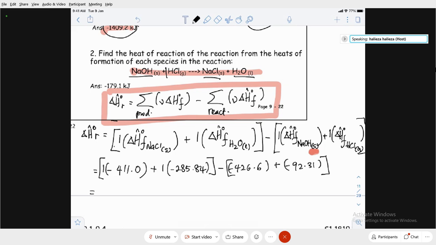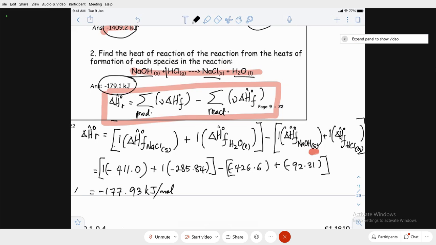When I did it earlier, I did not get the same value as the solution. See whether you also did not get the same value as what I did. Doctor, I got negative 177.9. Negative 177.9. Okay.